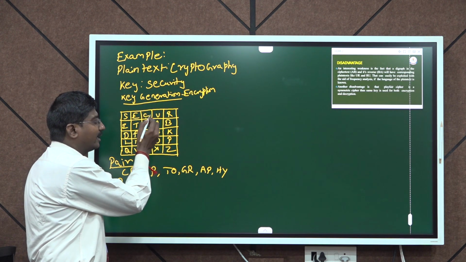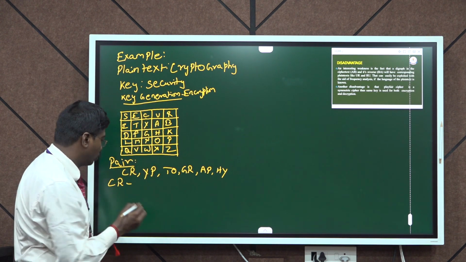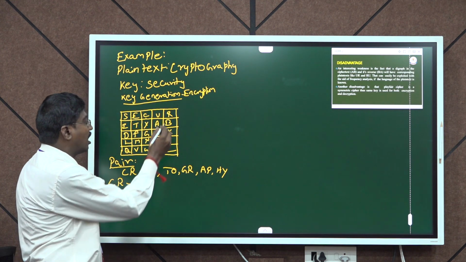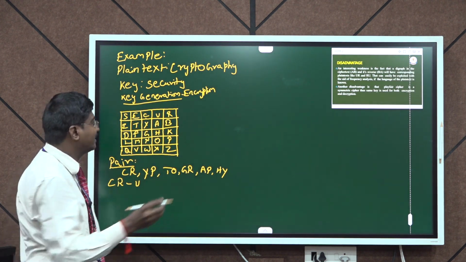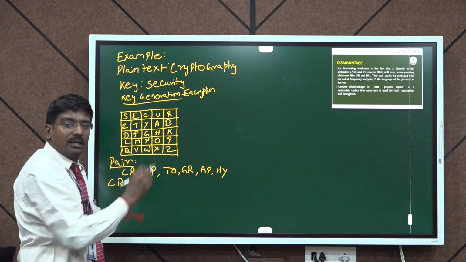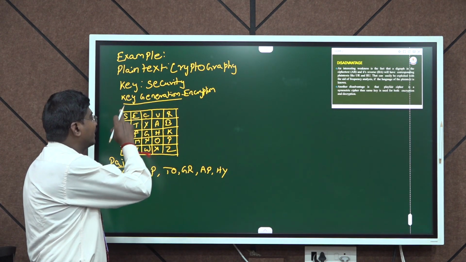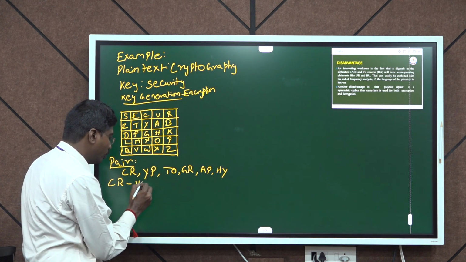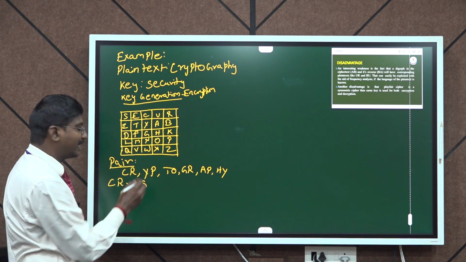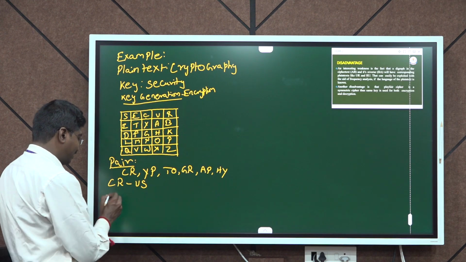C's next element is U, and R's next element is to the right, but there is no element, so we take the first element, S. So CR is converted into US.